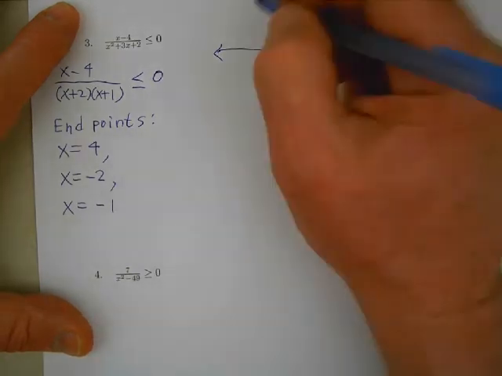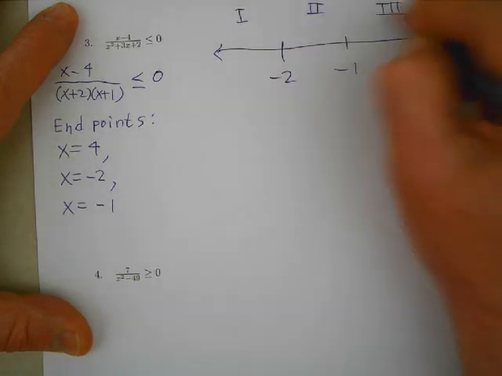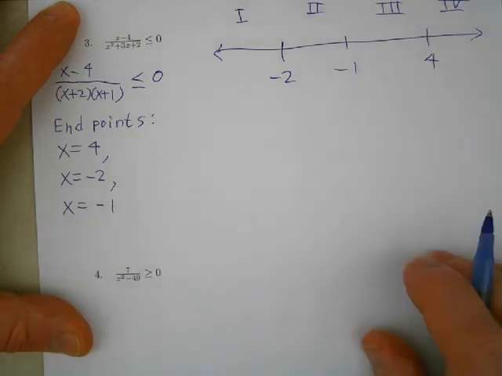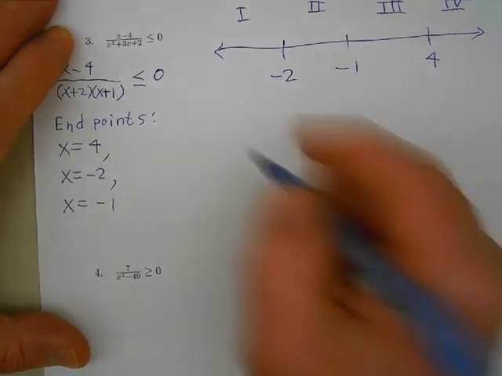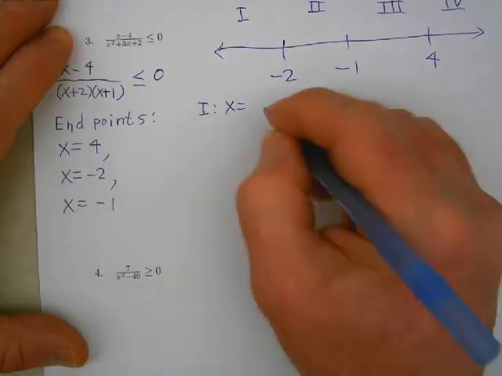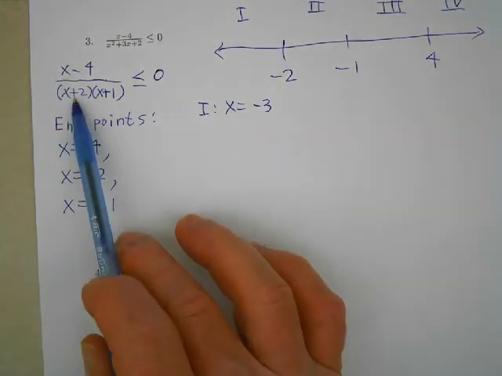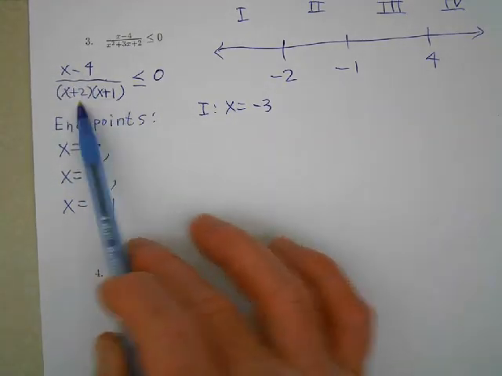Those three endpoints divide the number line into 4 intervals this time. And we're going to pick a test point from each interval. In the interval on the left, I'll pick x to be -3, and then replace every x with -3.